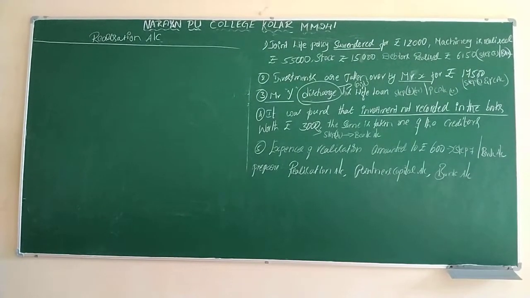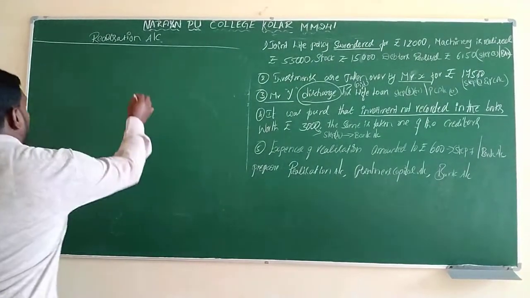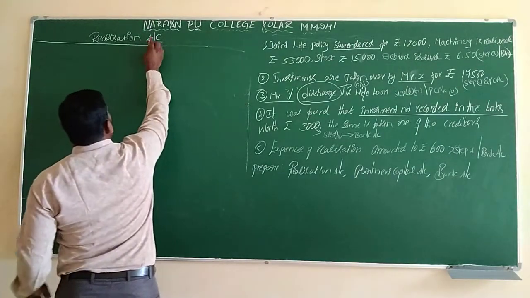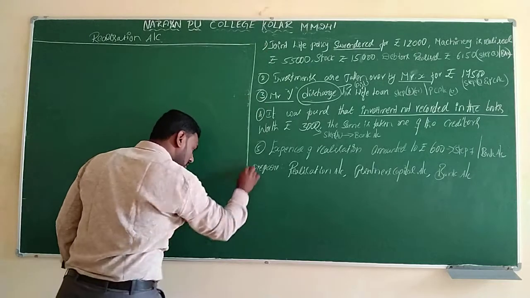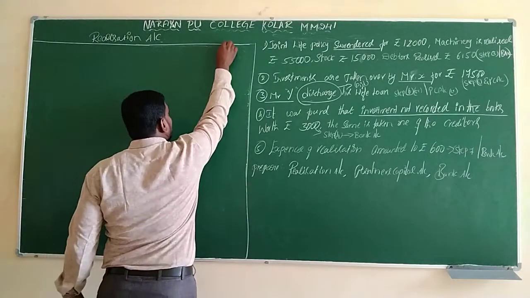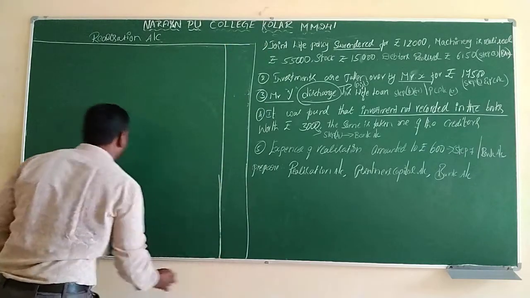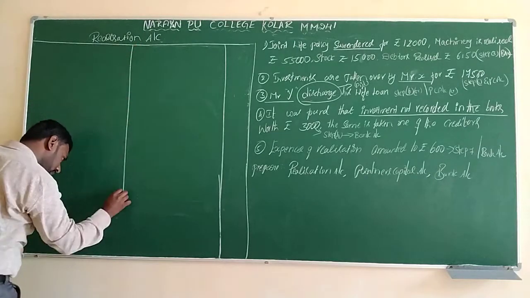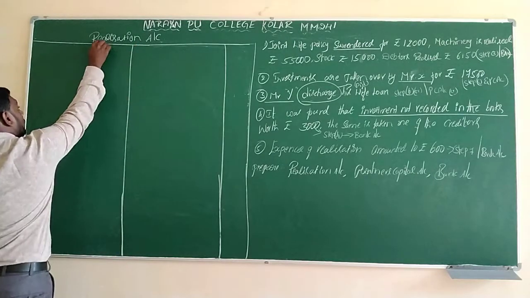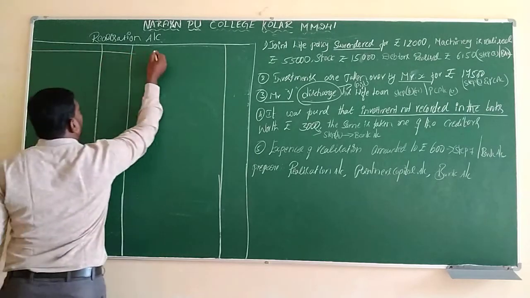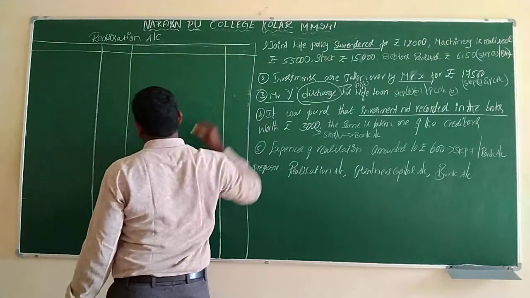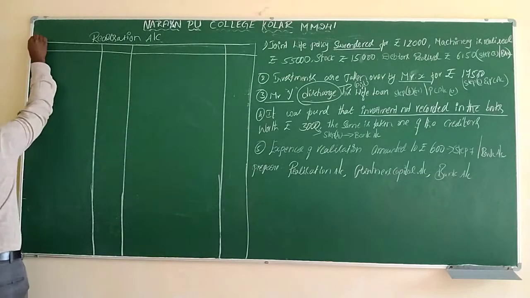First we should draw the columns for realization account. Here in realization account we have all the steps we should follow. Enter the transaction steps as we followed in the previous videos. First we should draw the columns, and we should fulfill the conditions.